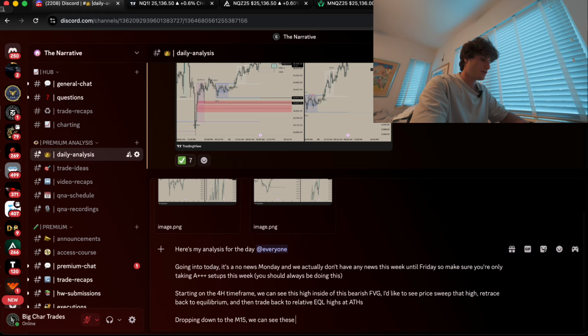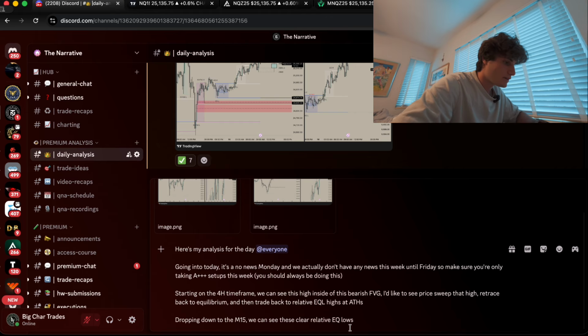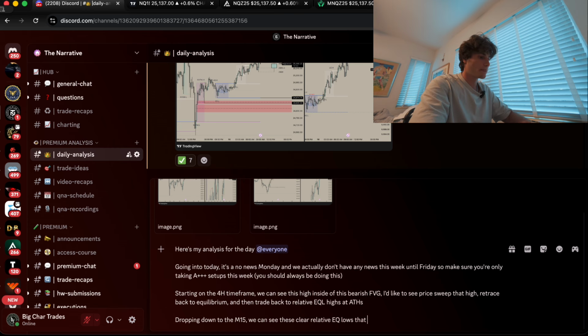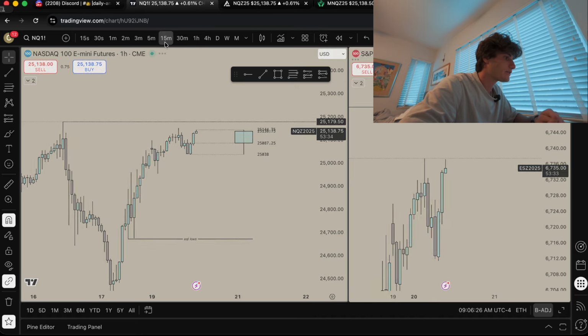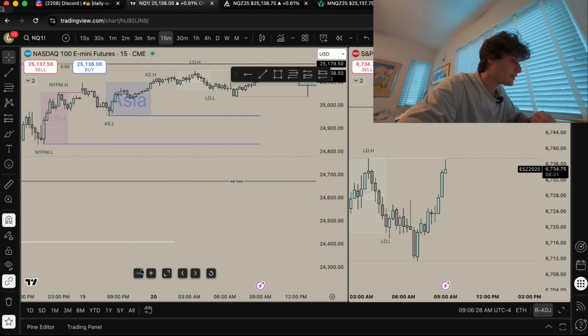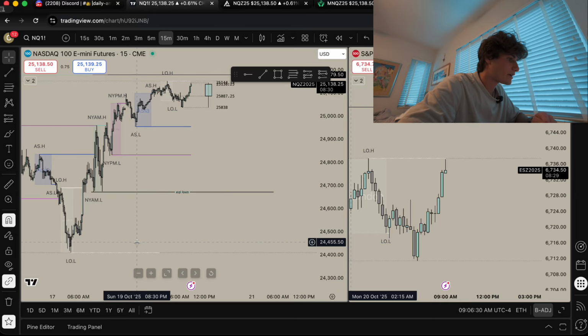Okay, dropping down to the 15-minute, we can see these clear relative equal lows that I'd like to target. Actually, let me see, because we may be able to target way better. What's this range right here? Okay.